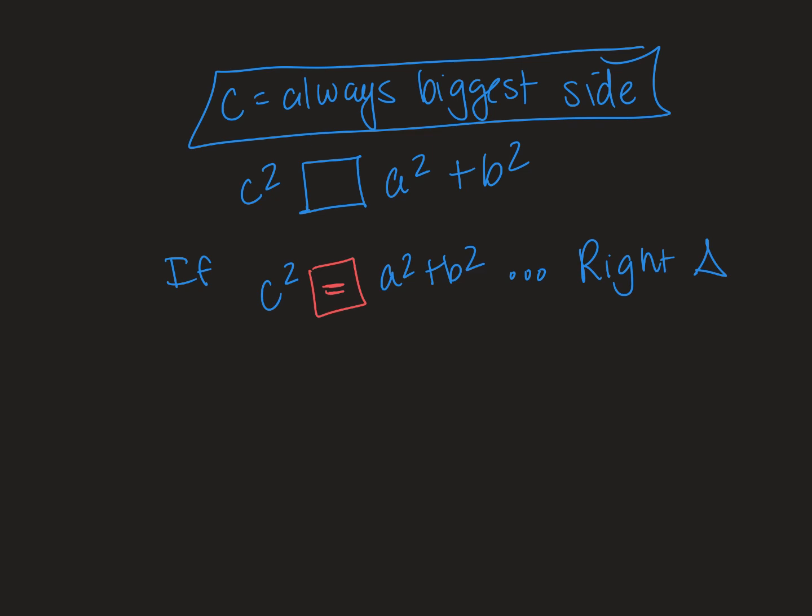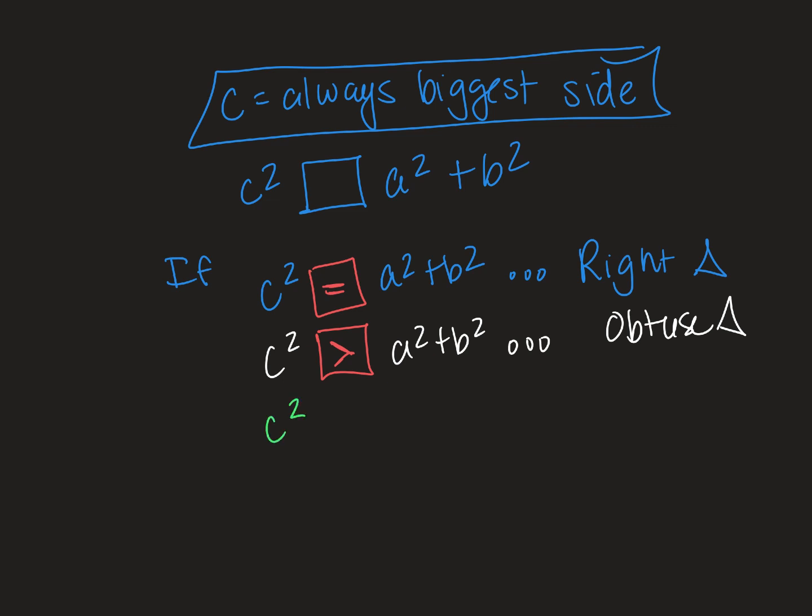Okay, and then the next one, if c squared is greater than a squared plus b squared, then you've got an obtuse triangle. And then the very last one, if c squared is less than a squared plus b squared, then you've got an acute triangle.